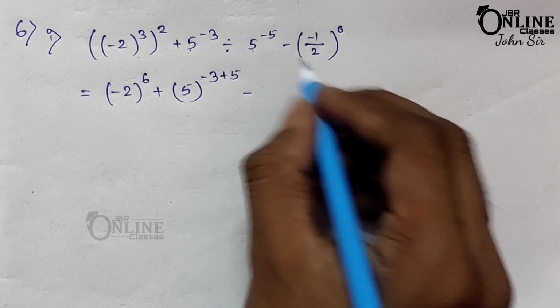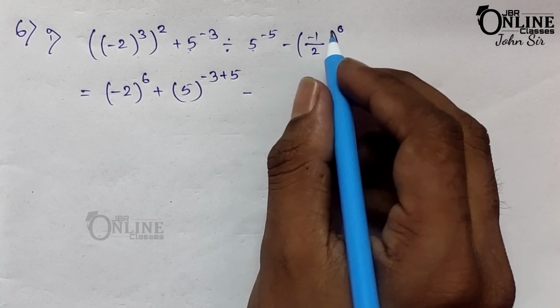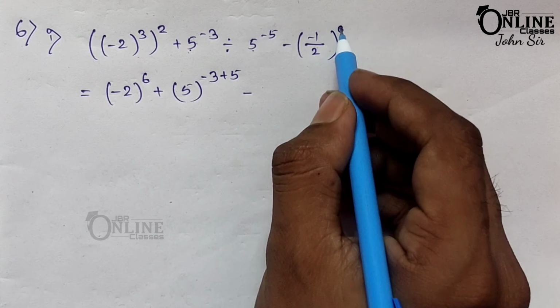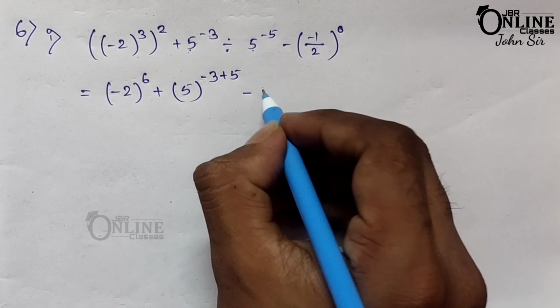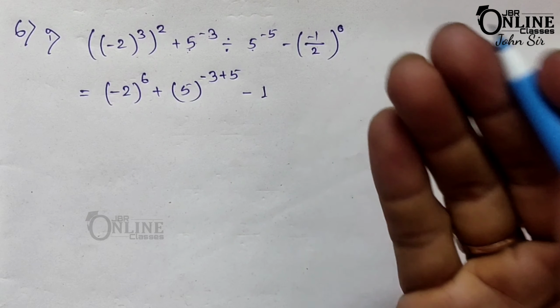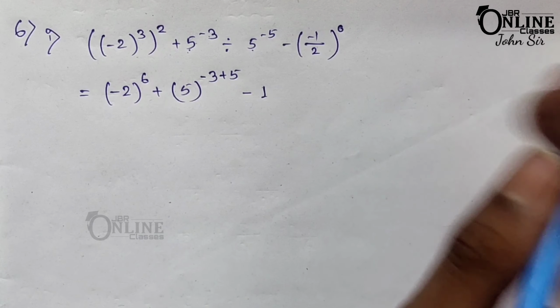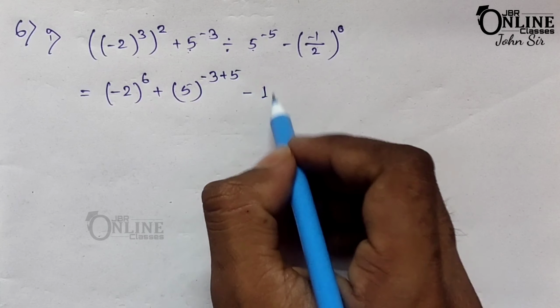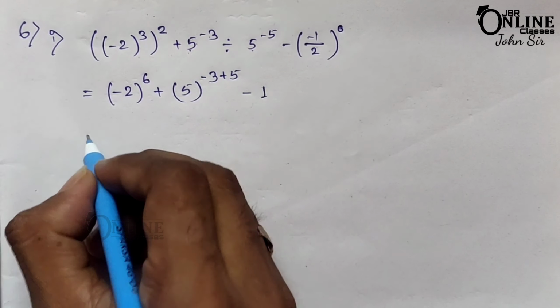Now here minus half whole to the power 0, and as I said before, the number which has power 0, that means the value of that number equals 1. Okay, so here minus half or 0 or 1 or 2, 3, 5, any number which has power 0, the final value is always 1.